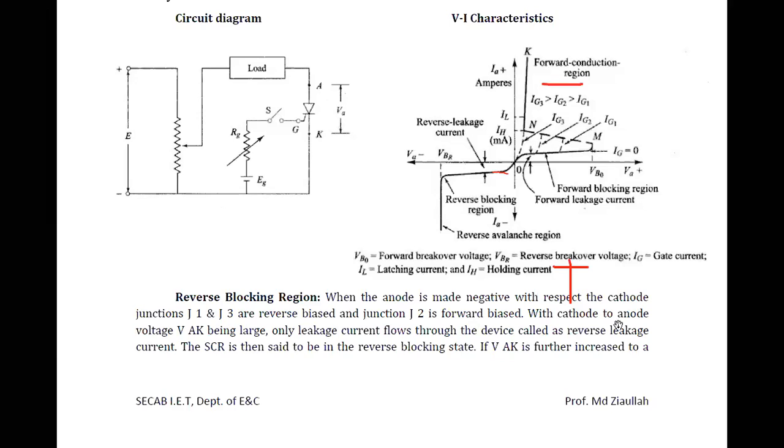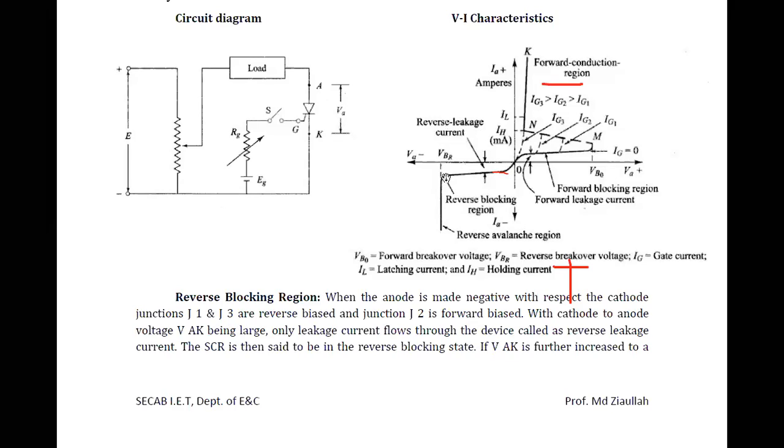With the cathode to anode voltage, if you are increasing the voltage, only the leakage current will flow through the device. Here in the third quadrant you can see there is a graph of reverse leakage current flowing at this particular point.